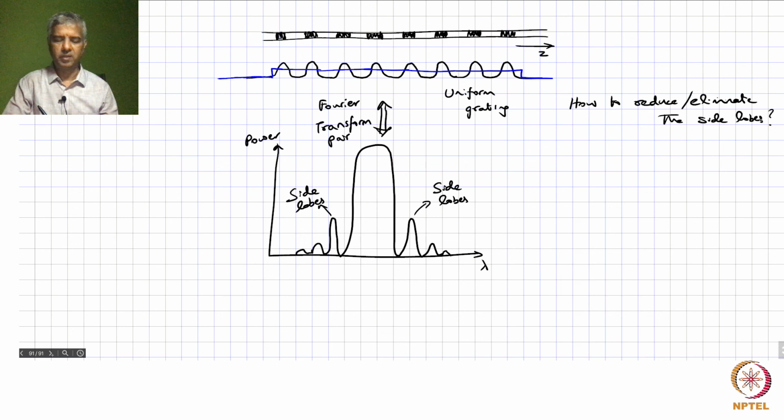Okay. And this is a question that was discussed early on when fiber Bragg gratings came into the picture back in the 90s, because in the 90s these gratings were looked upon as elements which can help in doing wavelength division multiplexing.